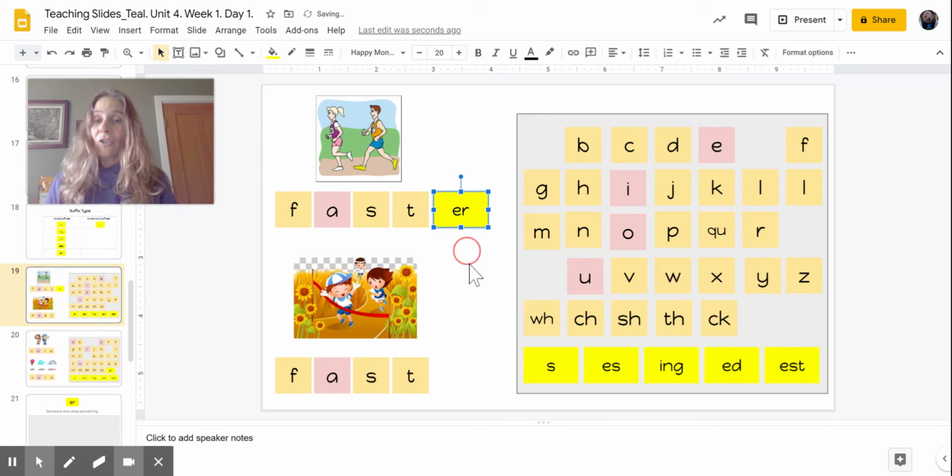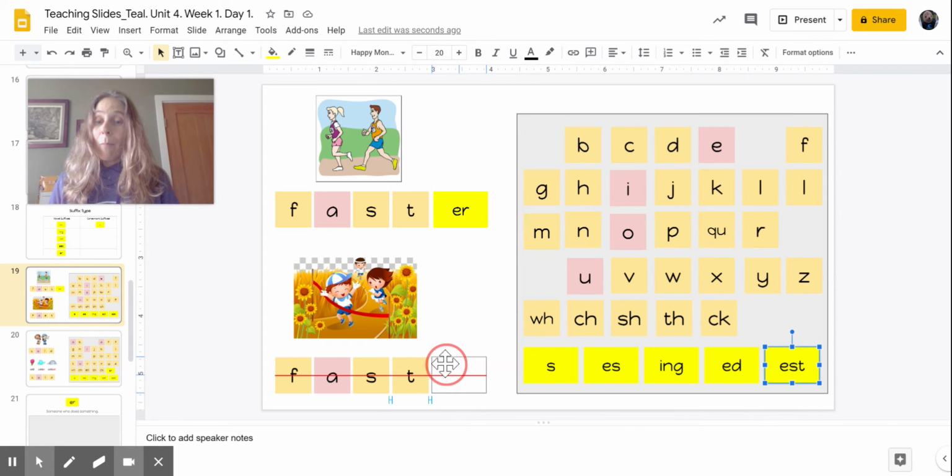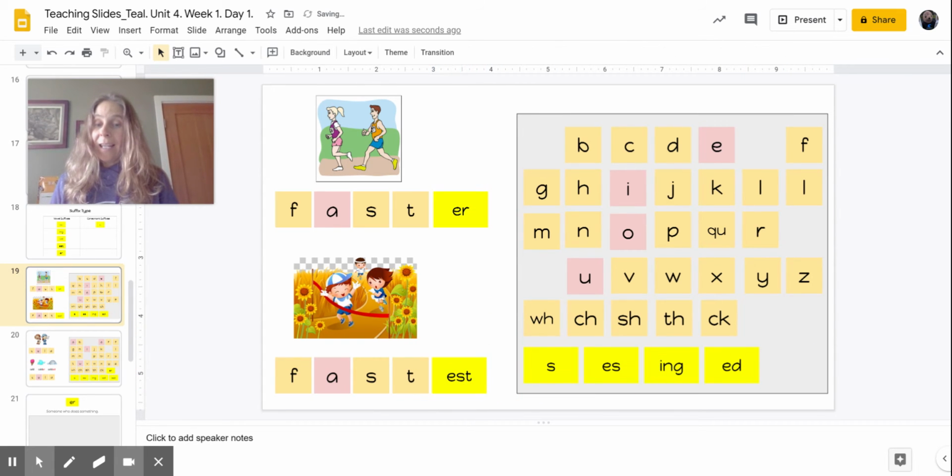She is faster than him. Now let's take a look with this picture. I've got three kids running a race, and this little boy is the fastest of all of them because I'm comparing more than two things. He is the fastest of all.